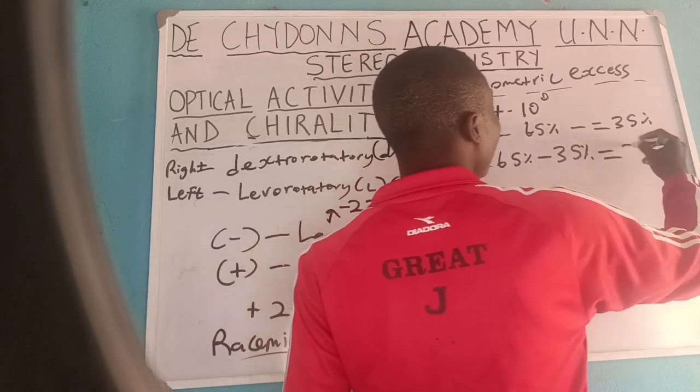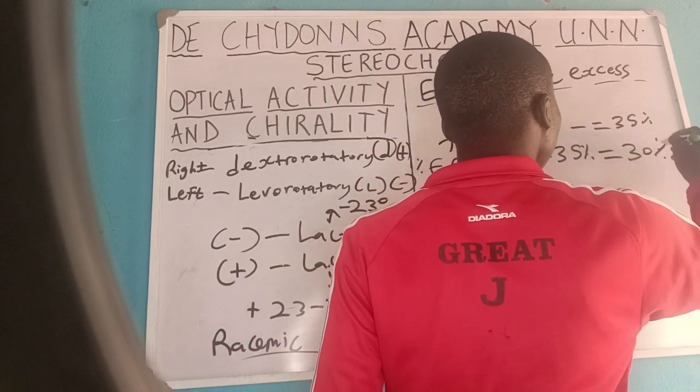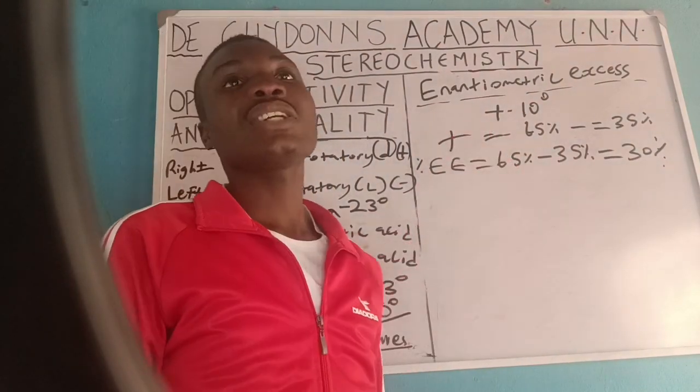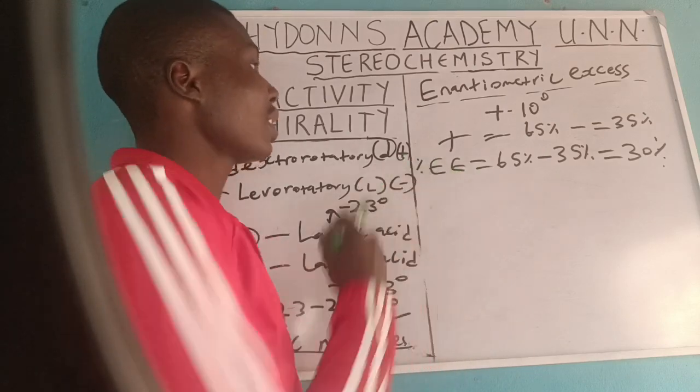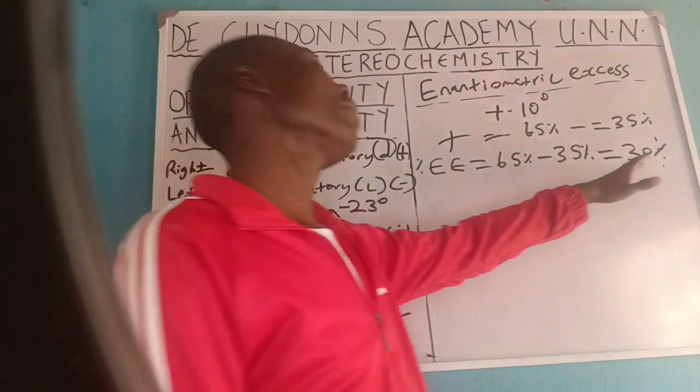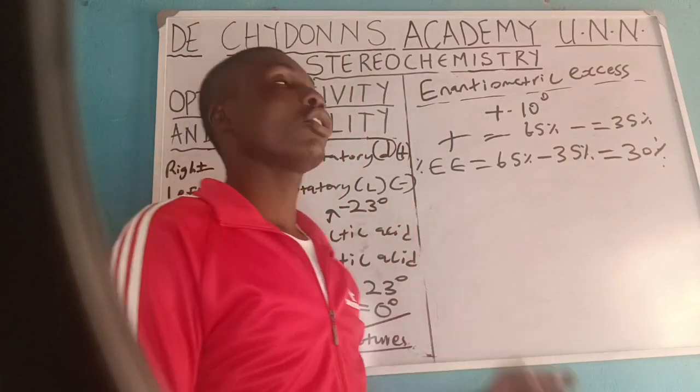Now, when you do that appropriately, it's going to be what? 30%. The implication is that the extra 30% of the dextrorotatory isomer, that has the positive sign and is rotating to the right, is what's going to be responsible for the observed rotation of the mixture.